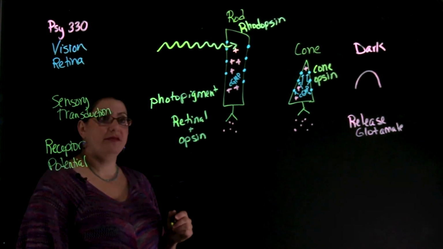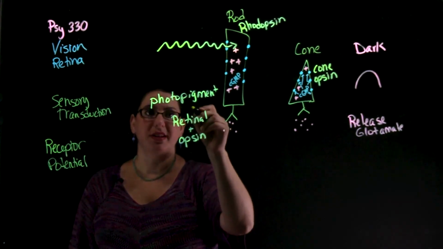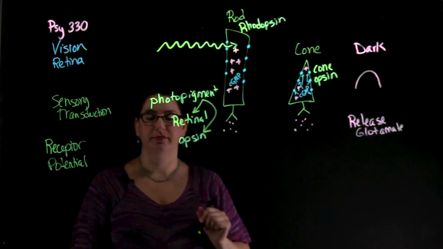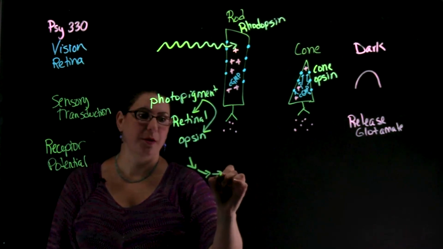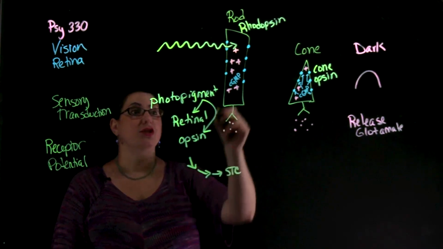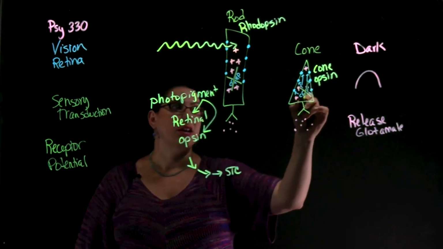When a photon of light hits the photopigment, it causes the retinol and the opsin to split. This will initiate a signal transduction cascade, which will ultimately lead to decreasing the amount of cyclic GMP in the photoreceptor.